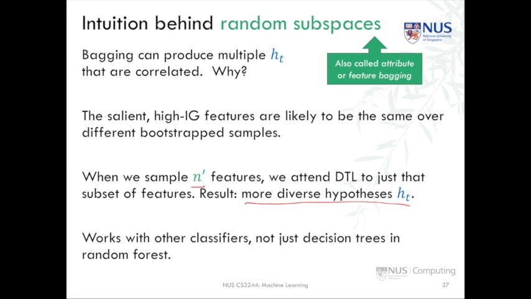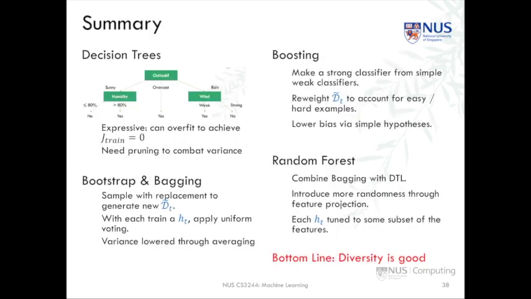So in summary today, we've seen decision trees in our pre-class lecture. While they're very expressive, they can overfit to achieve a training error of 0. And we need to use pruning to combat the variance problem that happens with a particular sampling of our input space as represented by our dataset.